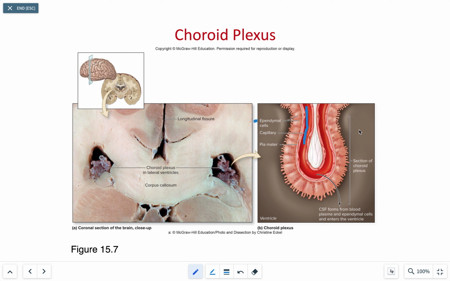It would then go into the ventricles, go through all the ventricles, and then eventually into the venous system. So if we look at a section of the ependymal cells, if we put these together in an area such as in the lateral ventricles, as this picture is showing, then we would call this the choroid plexus.